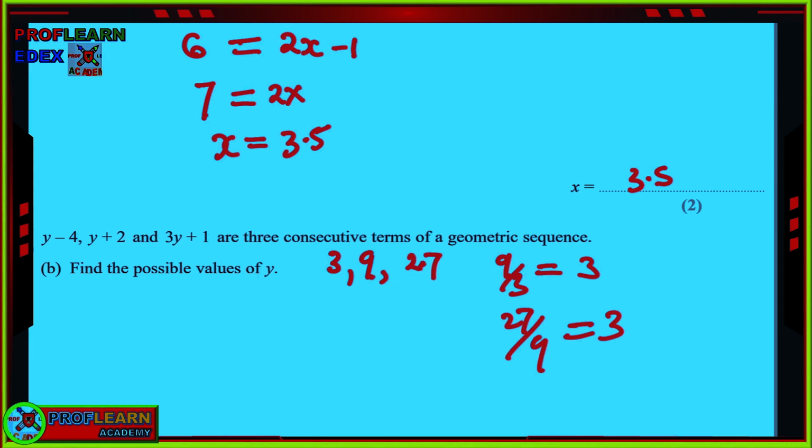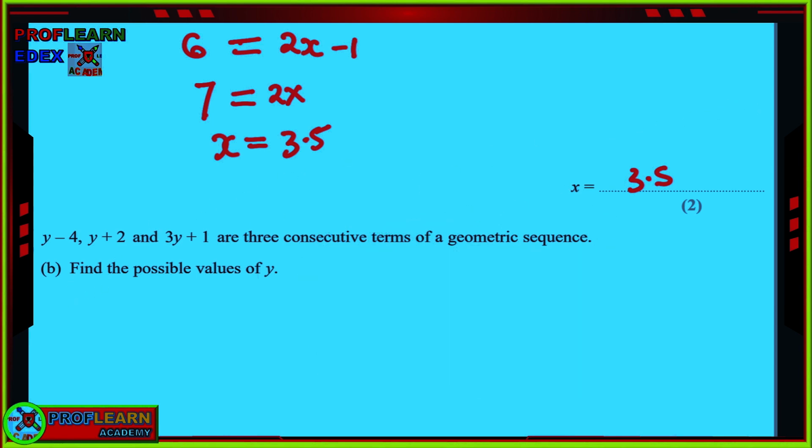So in this question that we are given here, to work it out you shall say y plus 2 over y minus 4 equals, if you work it out, 3y plus 1 over y plus 2, that also will give you the common ratio.